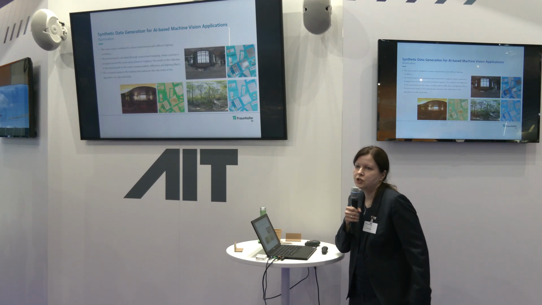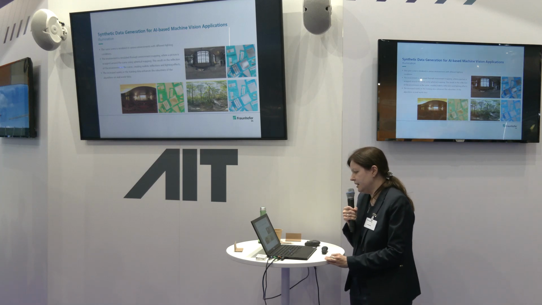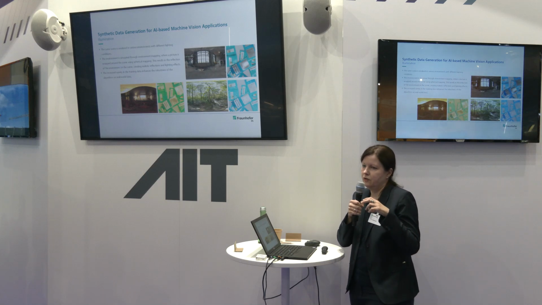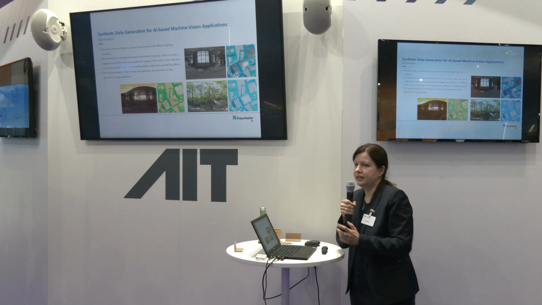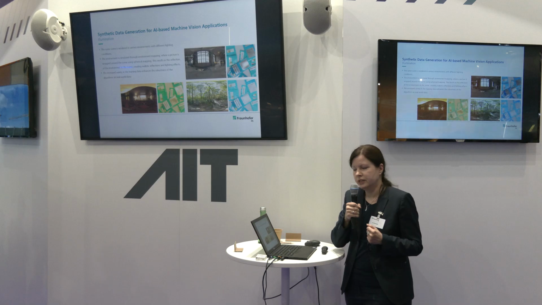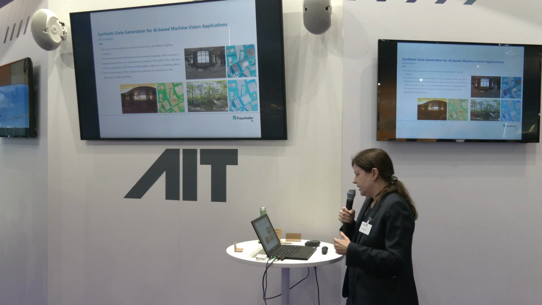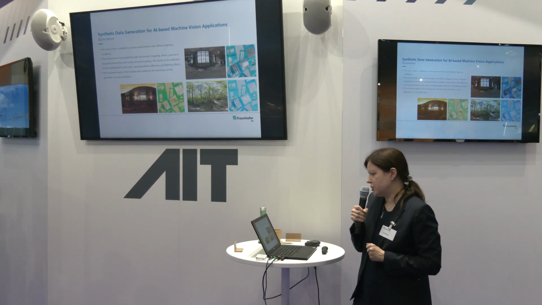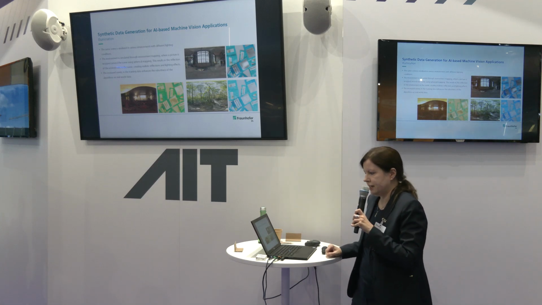Of course, illumination is important, and we have on the one hand the illumination in our visual inspection system, but on the other hand, maybe illumination from the surroundings, from our environment, where our vision system will be set up. And here you see different kinds of environmental situations which have an effect on our objects.